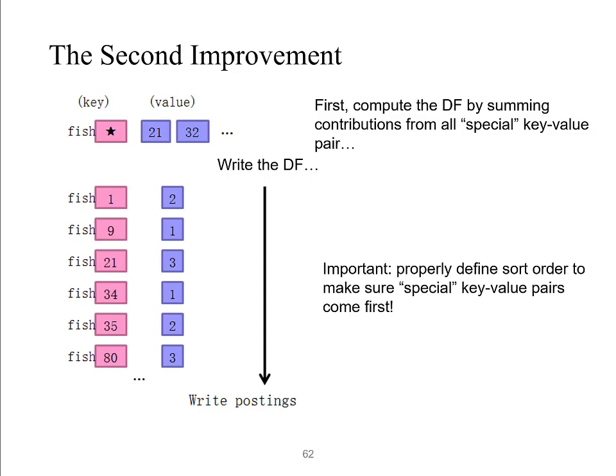So it is important that we properly define a sort order to make sure that special key value pairs come first. In the real application, we can define this sort order so that this star appears before any other numbers, or we can use -1, for example, because the document ID would never be -1.